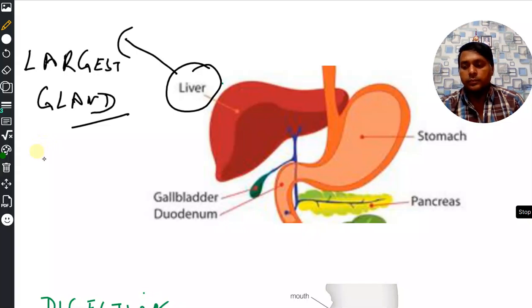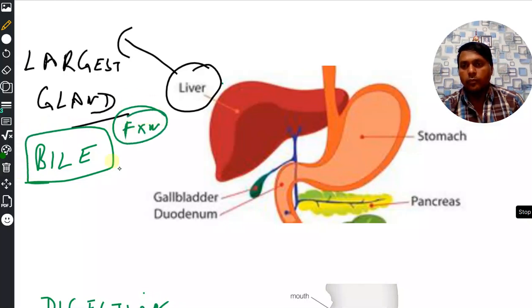It produces bile juice, a yellowish green fluid that plays a key role in the digestion of fat. So bile is used for digestion of fat.